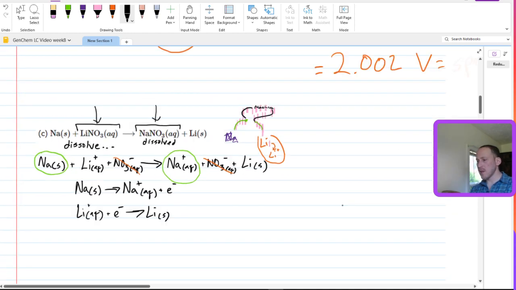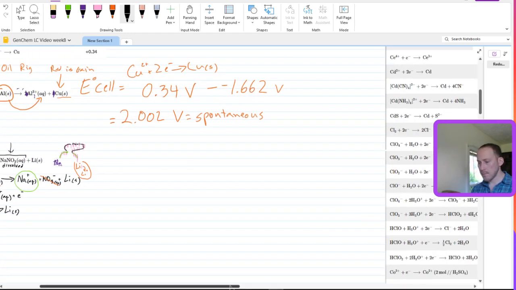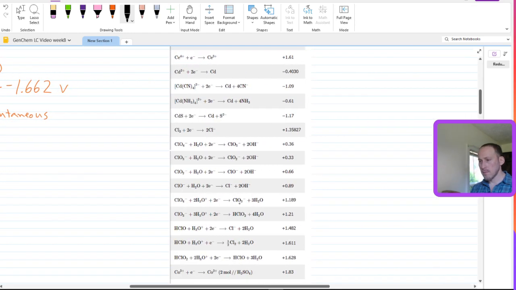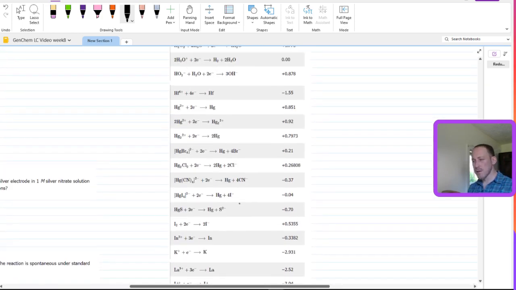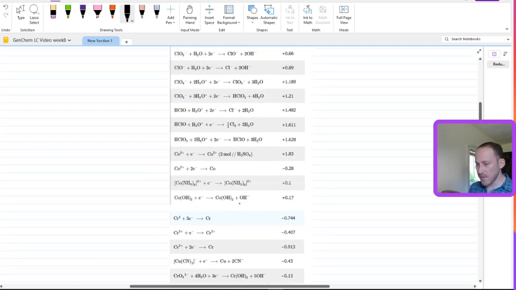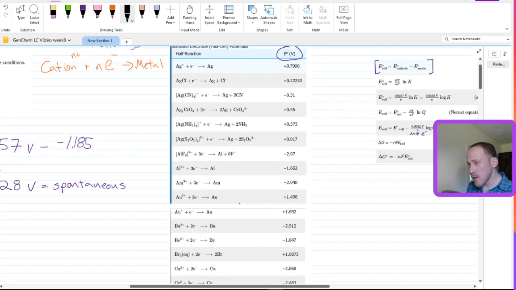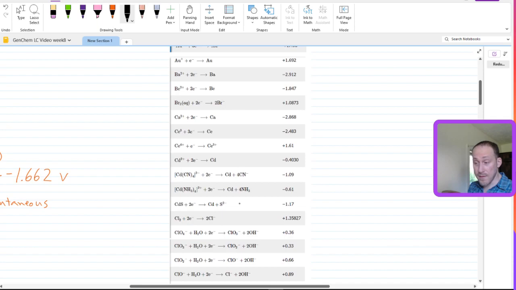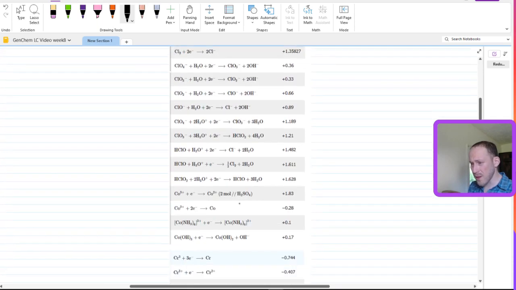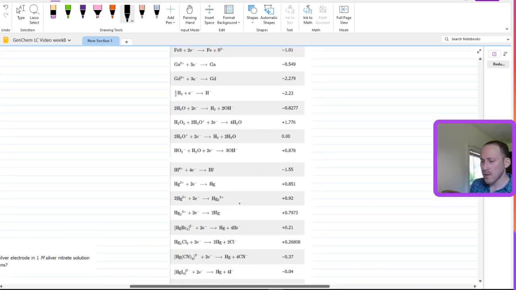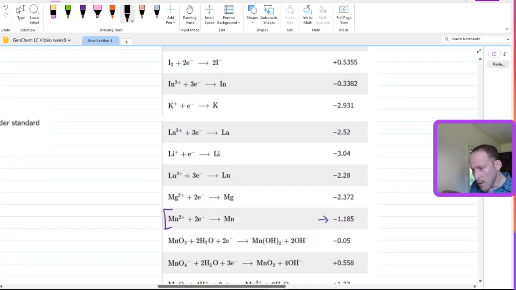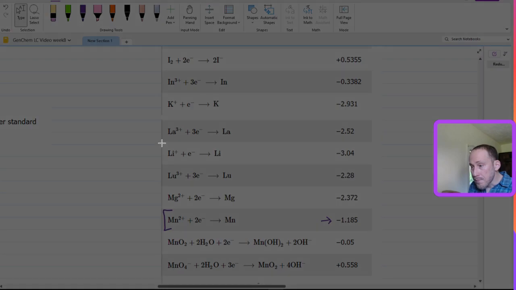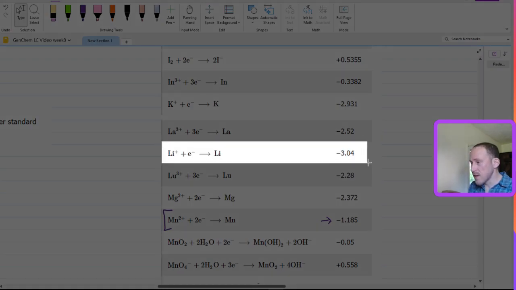All right, so sodium and lithium, both of which are alkali metals along the left-hand flank of the periodic table, group 1. They both love getting rid of electrons. They both love being oxidized. So this will be interesting to see which one loves being oxidized more.